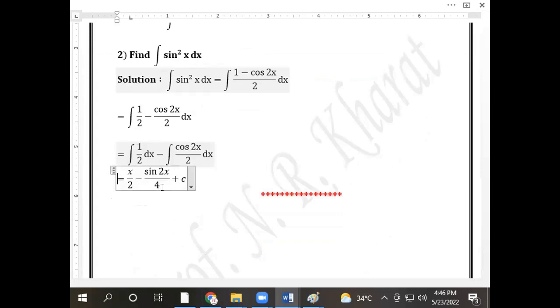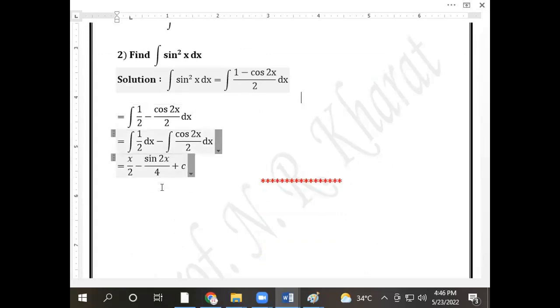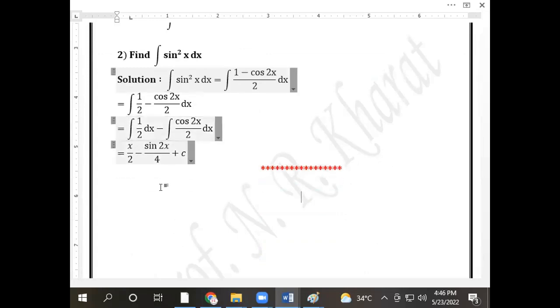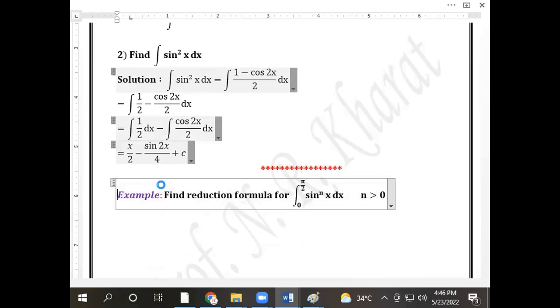What happens if I increase the index of sin to 3, 4, 5, 6, 7? How do we find the solution? In general, suppose the index of sin is n, and the integration limit ranges from 0 to pi by 2, and n is greater than 0.